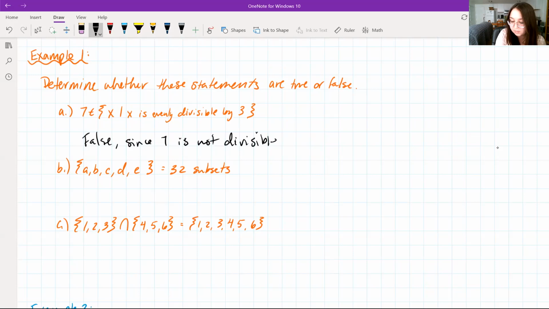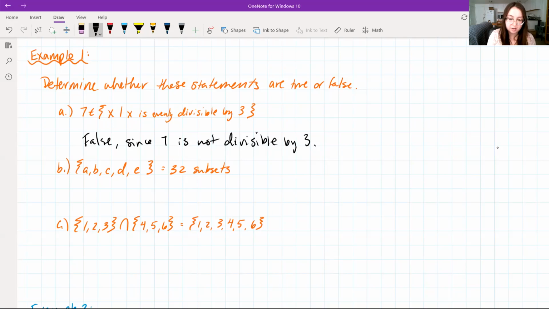divisible by 3. All right, so now for part B, we have a set of A, B, C, D, and E, and we're saying this has 32 subsets. Well, we can use our equation for subsets: if you have k elements, then you'll have 2 to the power of k subsets.